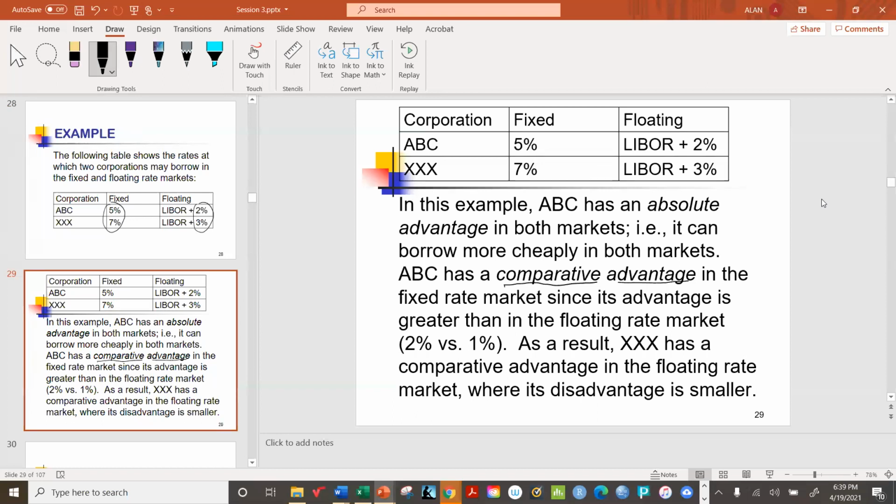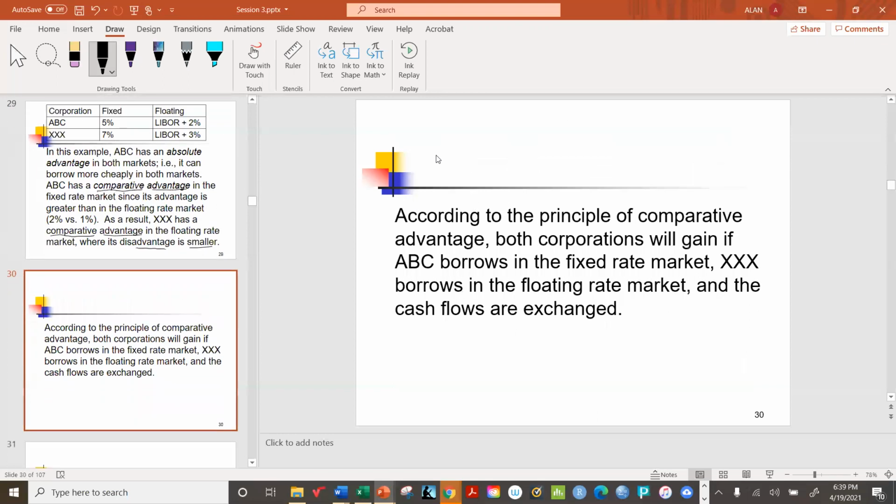And then, although it sounds wrong, it turns out that XXX is considered to have the comparative advantage in the floating rate market because its disadvantage is smaller. Let me expand on this a little bit.